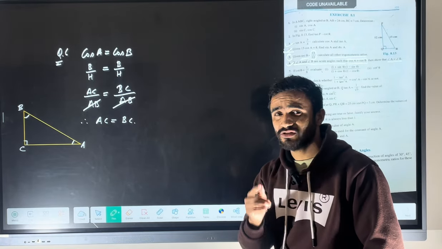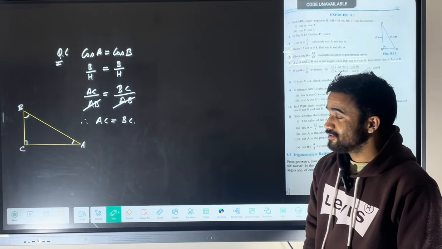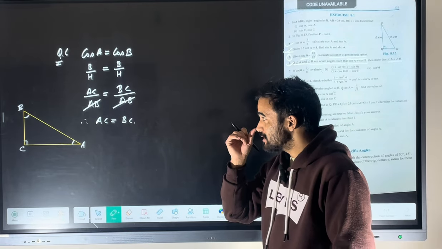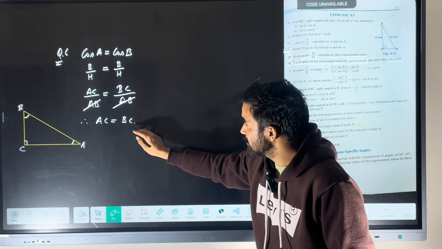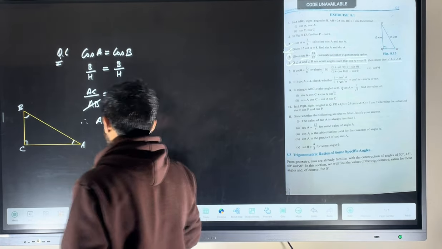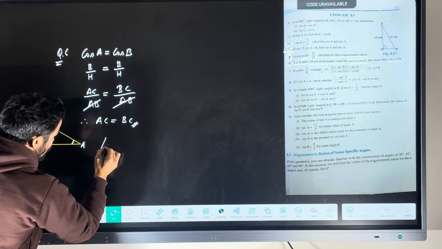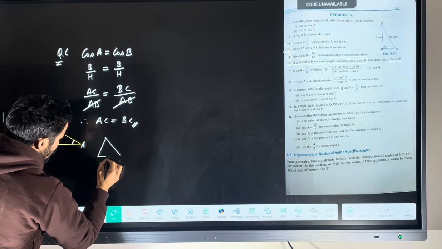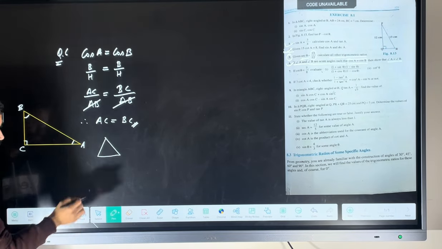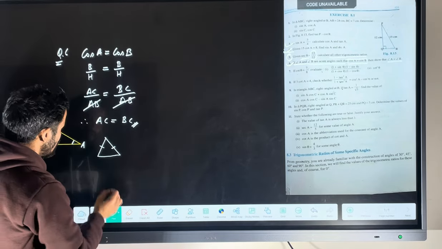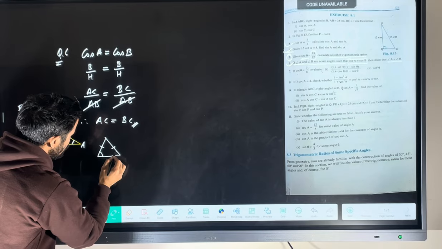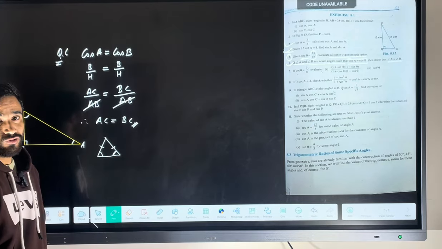Now there is a property of triangles that we studied in class 9, if you remember. In any triangle, if two sides are equal, then the angles opposite to those sides are also equal.